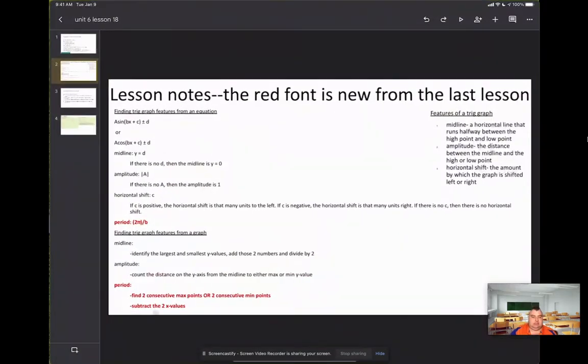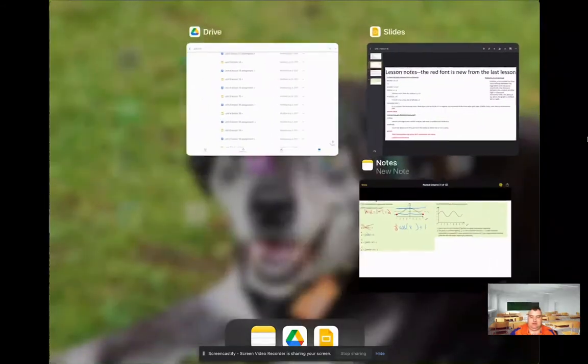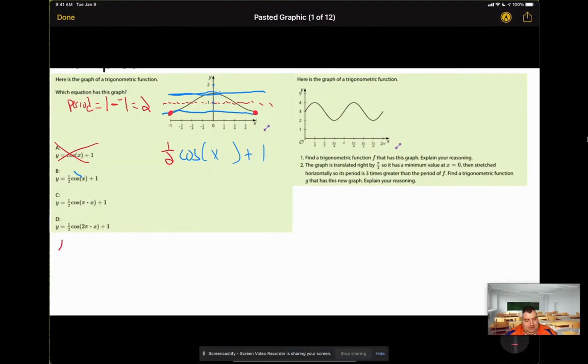I use the period to figure out what goes next to the x inside the parentheses. The formula for period is 2 pi divided by b, but I know that the period is 2. So to figure out what goes here, I have to solve the equation 2 pi over b equals 2.